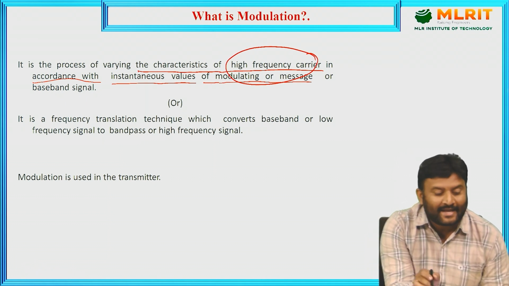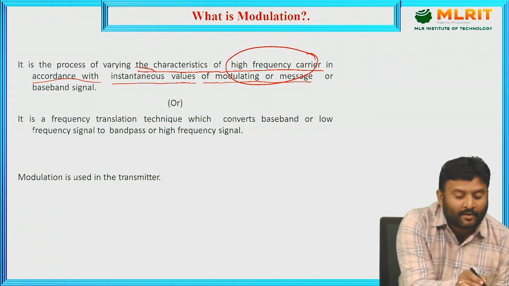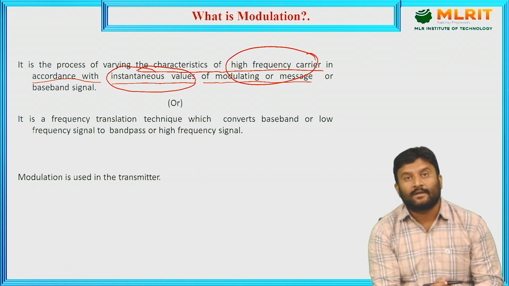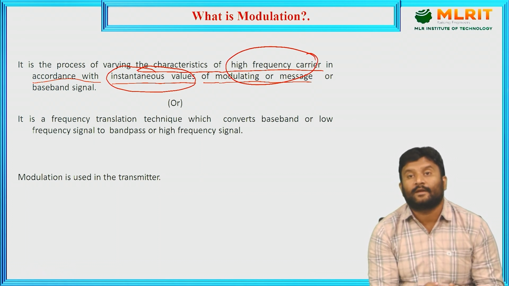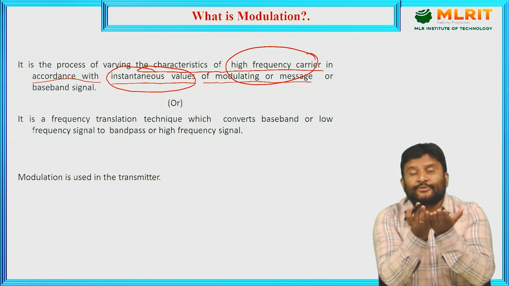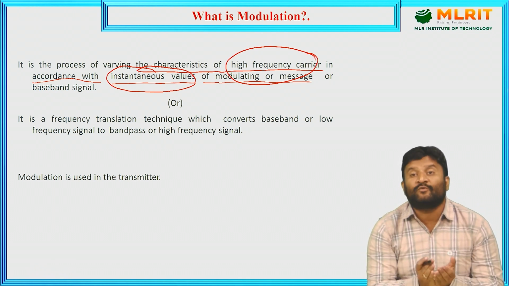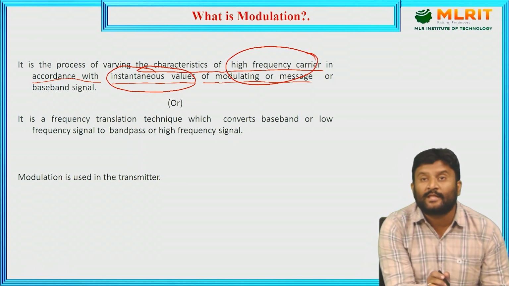But what is meant by in accordance with instantaneous values? Remember here, what is the meaning of instantaneous values? The instantaneous value should be either varying in terms of amplitude, varying in terms of phase, or varying in terms of frequency of the modulating signal.